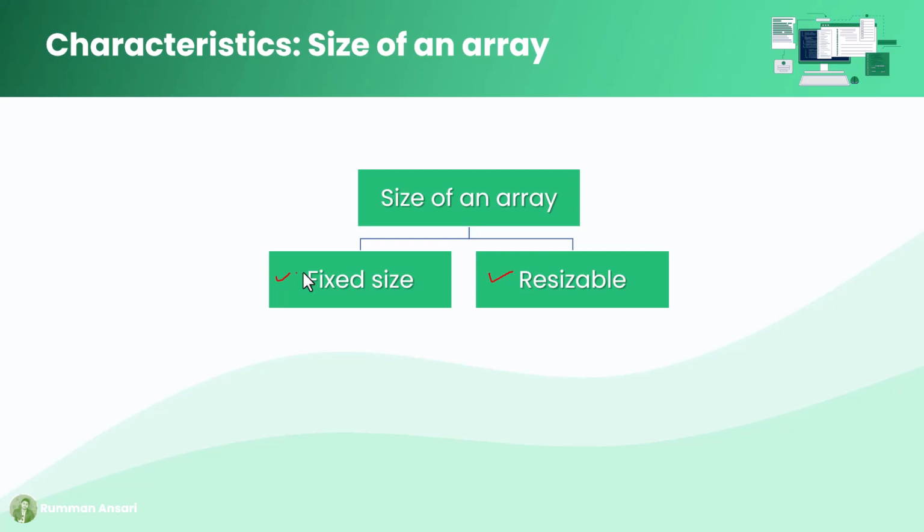That means you have to specify 10, 12 or 13, a fixed range. But in some programming languages you don't have to specify that. You can assign it at runtime, or you can change the size of the array at runtime. In those programming languages the size of the array is resizable.